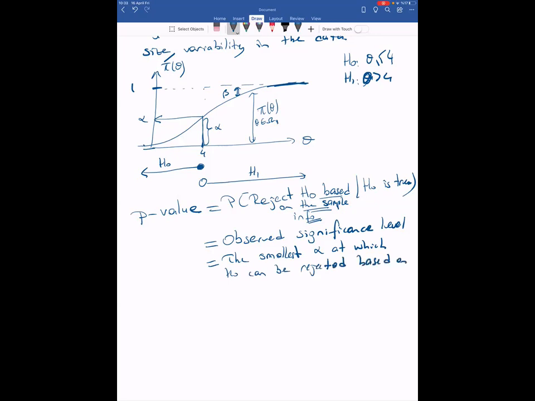This part is important: based on the sample information, based on the observed value of a test statistic. It gives us how much evidence we have against H0.